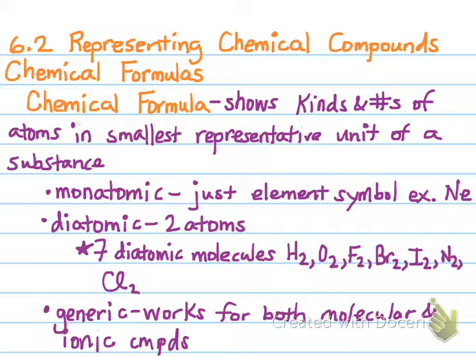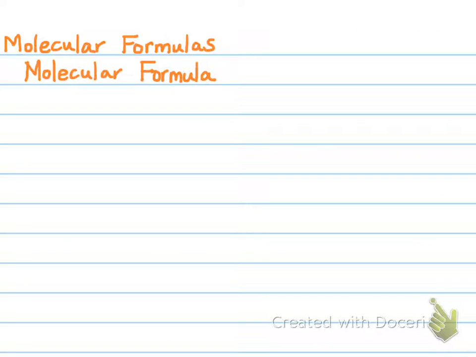You can think of chemical formula as an umbrella or generic way to refer to a formula. Now there are also specific names for the chemical formulas of molecular and ionic compounds. We've touched on this before, but we're going to talk about it specifically now.